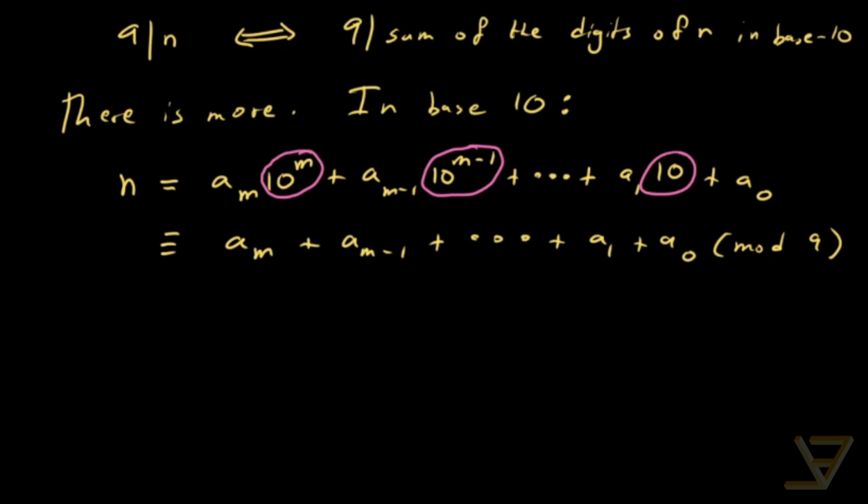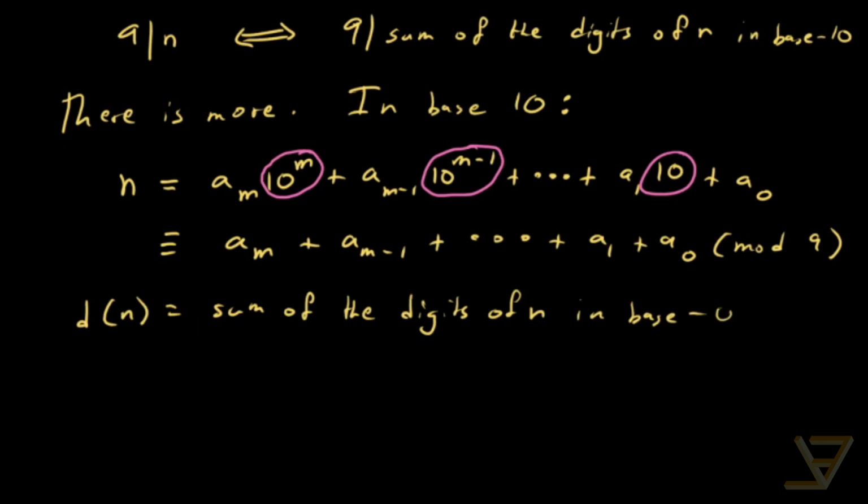So that proves that if d(n) is equal to the sum of the digits of n in base 10, then what we get is that n is congruent to d(n) mod 9.